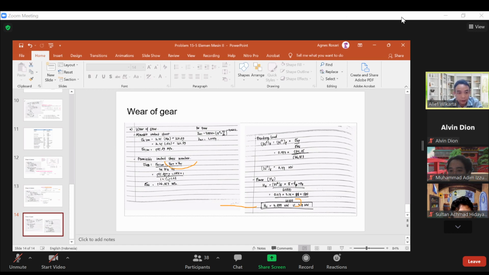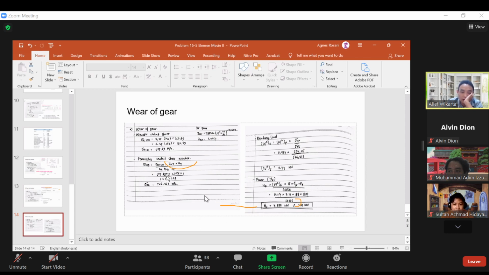Okay, so it means if I want to use this bevel gear by transmitting 4.5 horsepower, then it will be okay. Maybe I think it depends on the horsepower that we need.